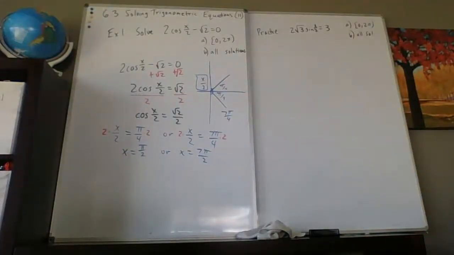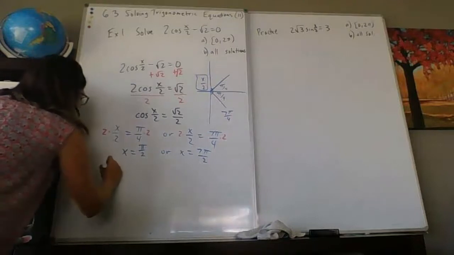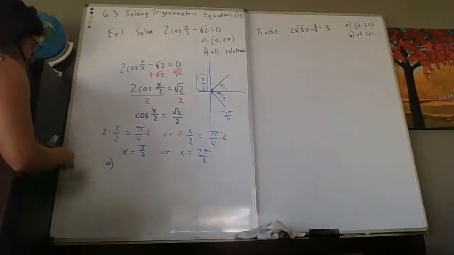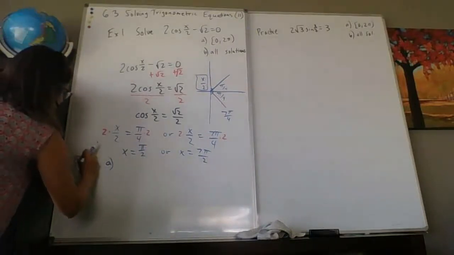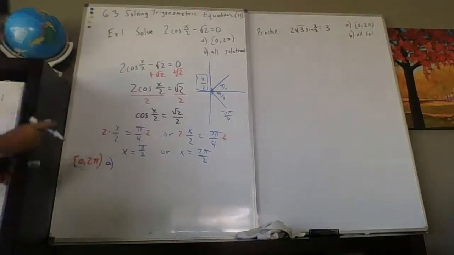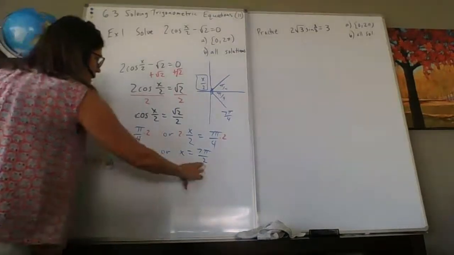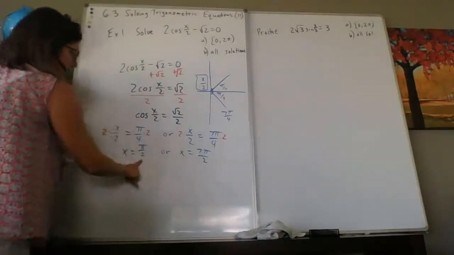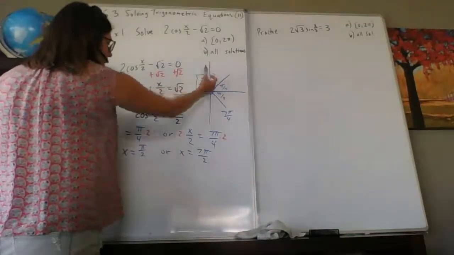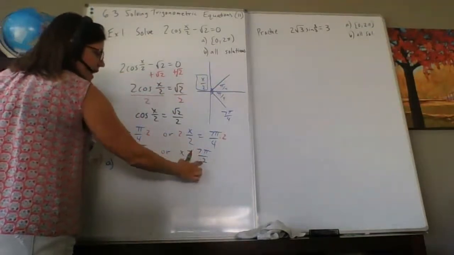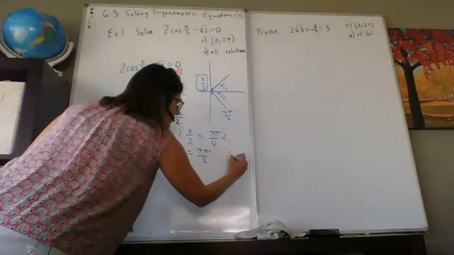So we remember for part A, we need to only give our solutions from 0 to 2 pi. So what we have to do is make sure that both of these solutions that we came up with are actually in 0 to 2 pi. So pi over 2 is right here, but if we think of 7 over 2, that's the same as 3.5.